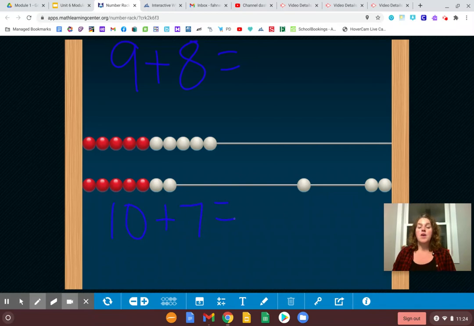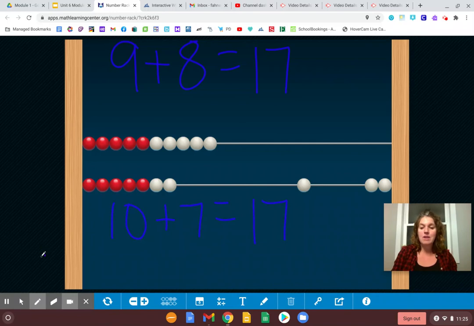Okay, our answer should be 17. Whether you did it by 9 plus 8 or you did 10 plus 7, both of them give you the same because you have the same total amount of beads. We just put them in different places. Instead of having 9 and 8, we said, let me get that one over here to make it 10. And so I'd only be left with 7 on the bottom.